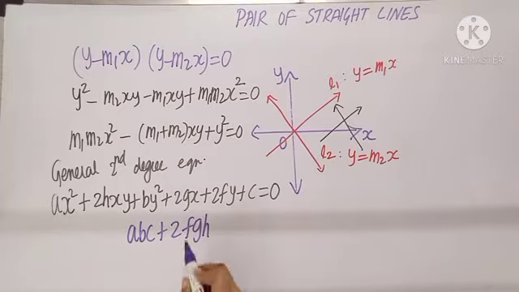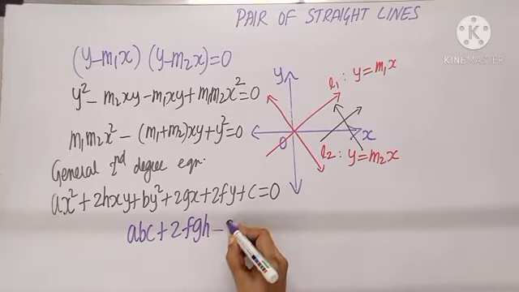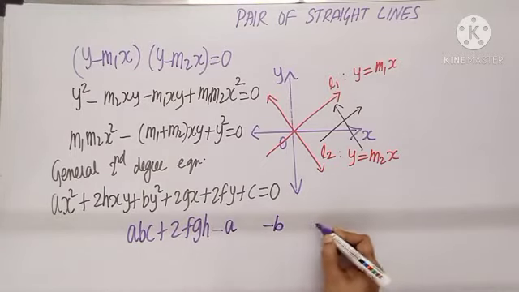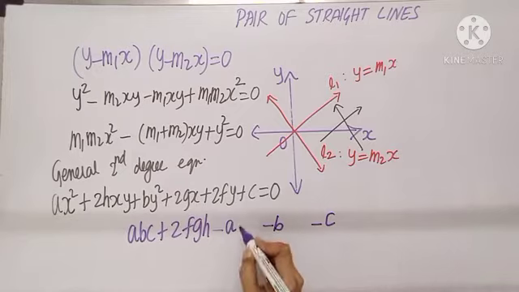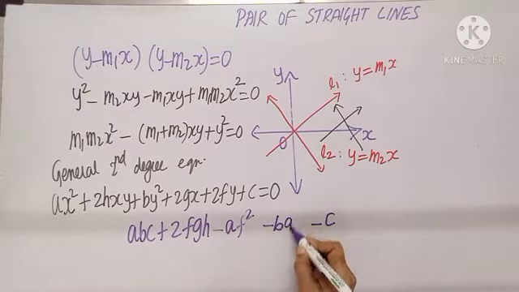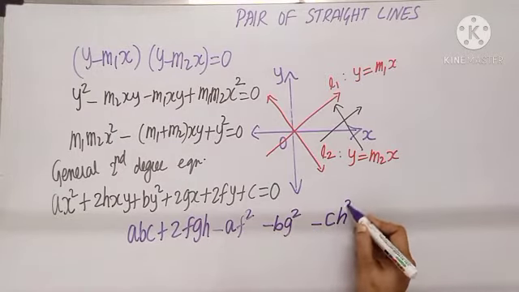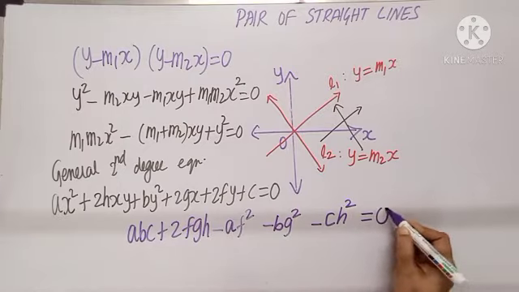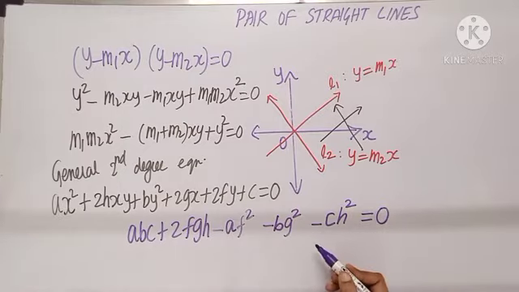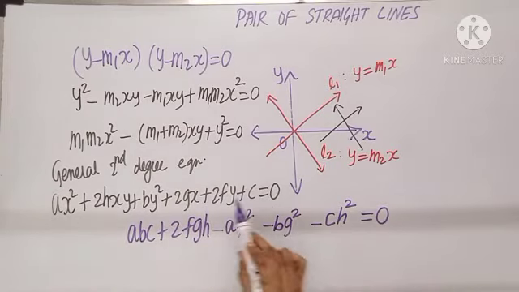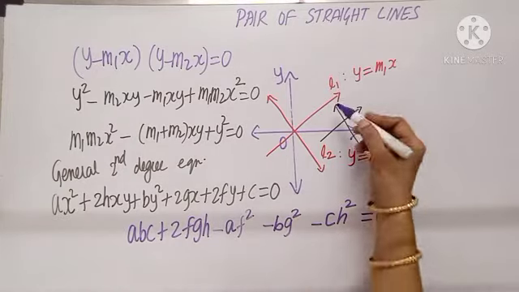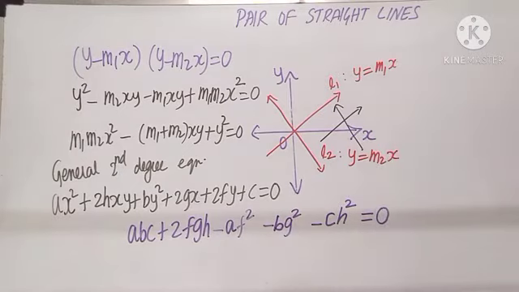For remembering, remember the clue: minus A, minus B, minus C. F square, G square, and h square, that is equal to 0. Remember the condition. If the general second degree equation satisfies this condition, we will declare this equation represents a pair of straight lines.